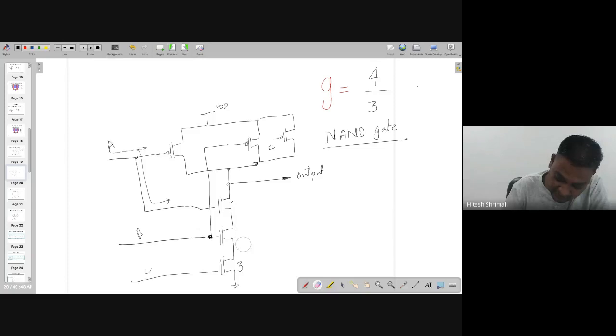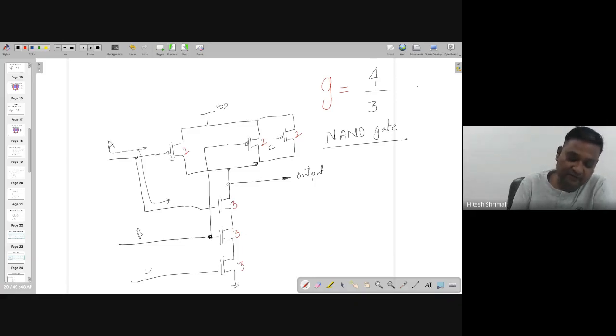Let's make it with a better color. Like if all of them are 3, all of them are 2, with the ratio that the downside is 1 and the top side is 2. They are in parallel, so we don't change it. But because of series, they have to be like this.